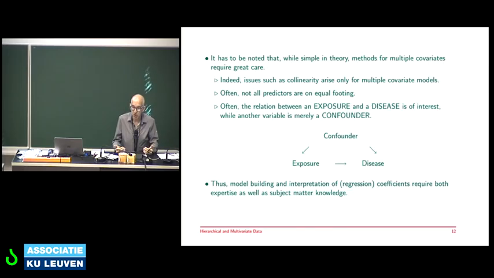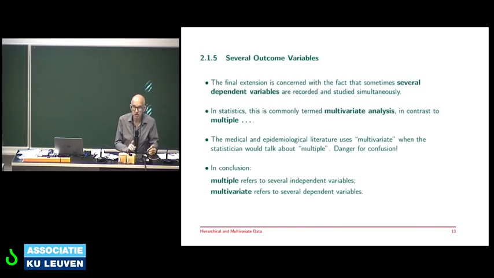But in the epidemiological and medical literature, you may often see multivariate regression. So there is a confusion. In the medical literature, multivariate means something else than it does for us.